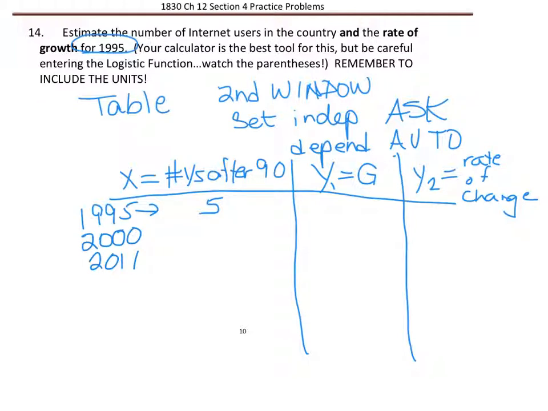In 2000, t is equal to 10. 1990 plus 10 is 2000, so 10 years have passed. In 2011, 21 years have passed.